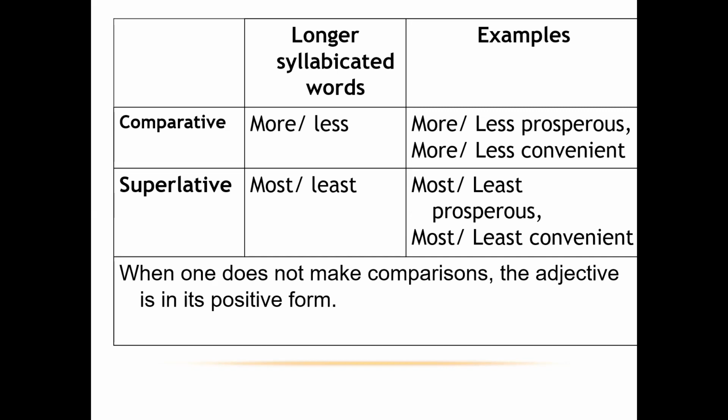For example, the Browns are more prosperous than the Knights. I'm talking about family names, okay? Brown is the surname and Knights is the surname, and I'm talking about families. So the Browns are more prosperous than the Knights, meaning mas mayaman ang pamilyang Brown kaysa sa pamilyang Knights. Okay?